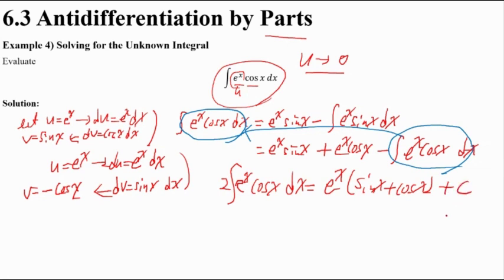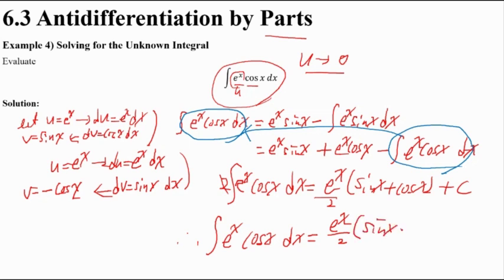Okay, and then divide by 2, this one divide by 2, right? So finally our integral of e^x cosine x dx will be e^x over 2 times the parenthesis sine x plus cosine x plus c.